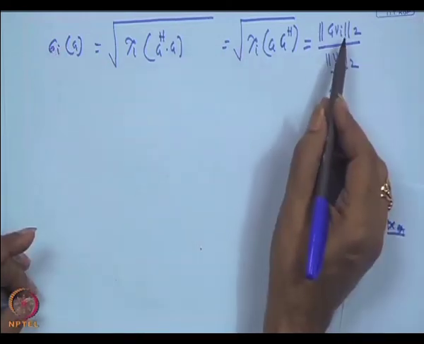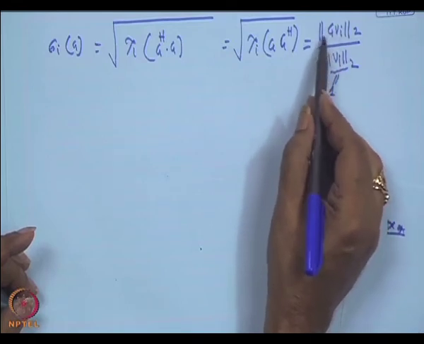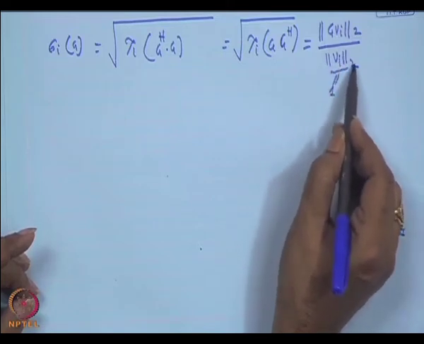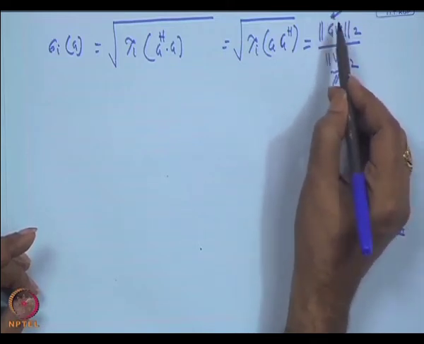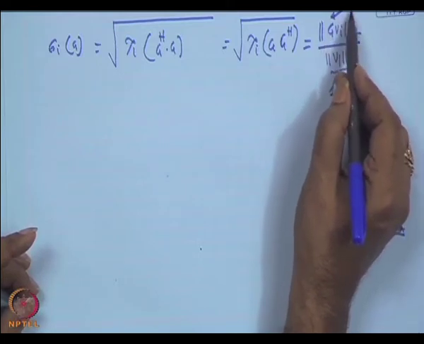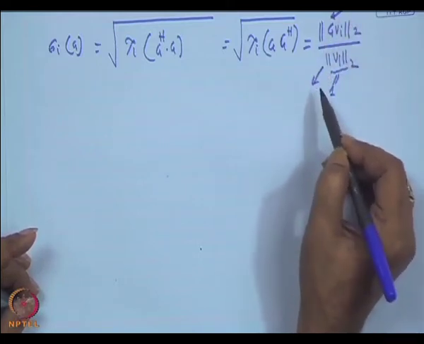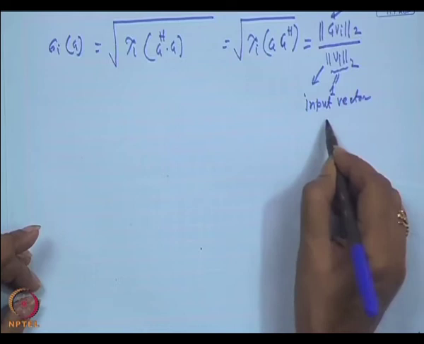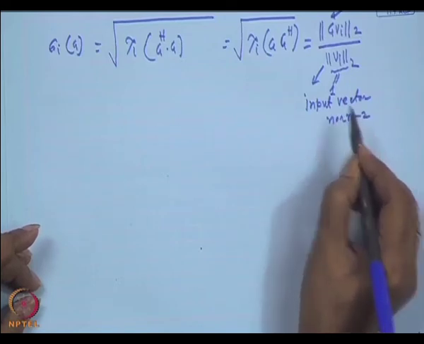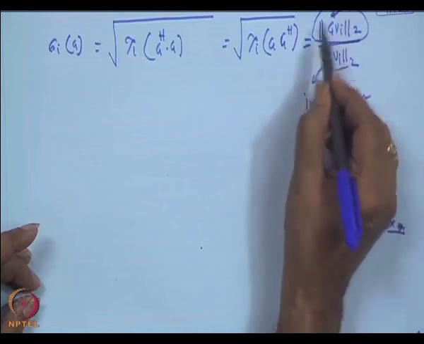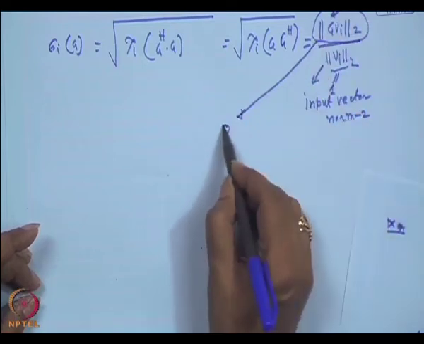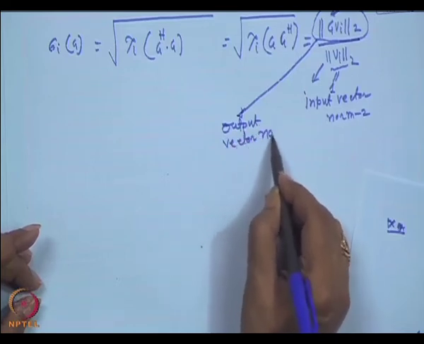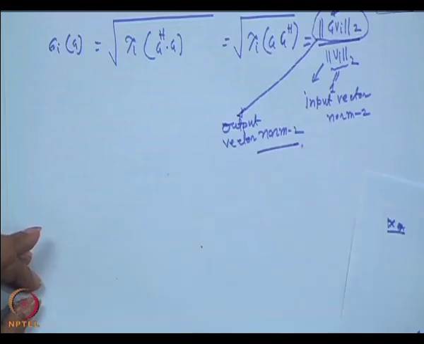Sigma_i is the norm 2 of G V_i divided by the norm 2 of V_i. The numerator is the output vector norm 2 and the denominator is the input vector norm 2.